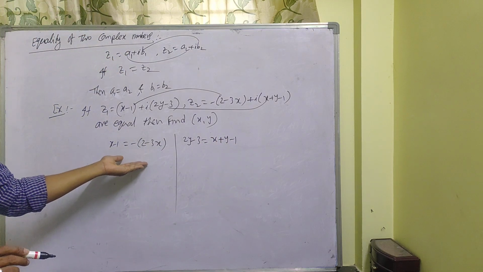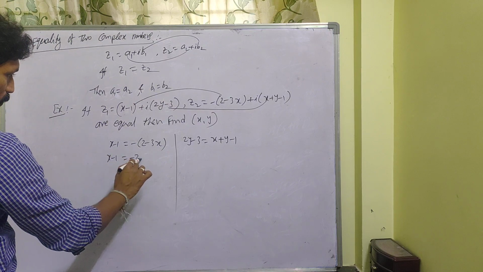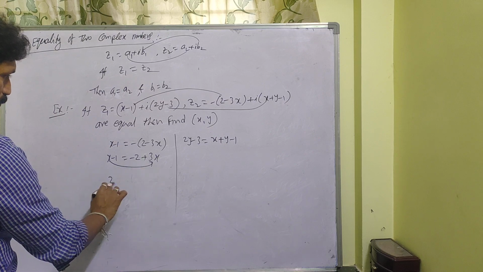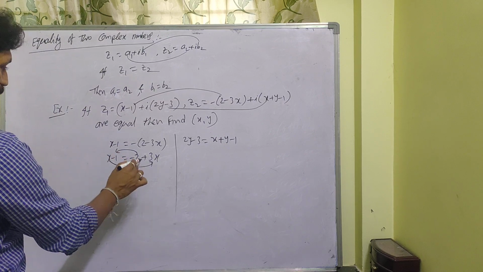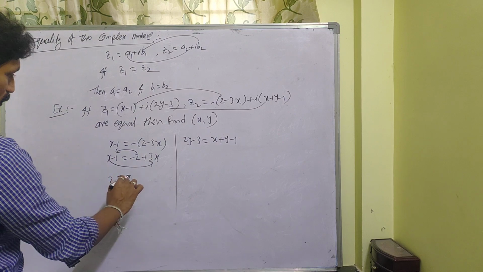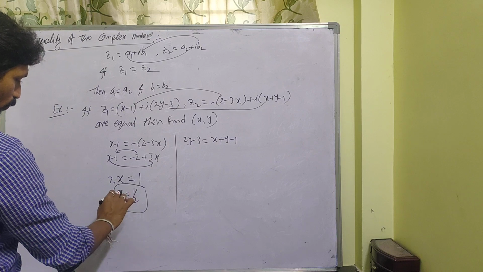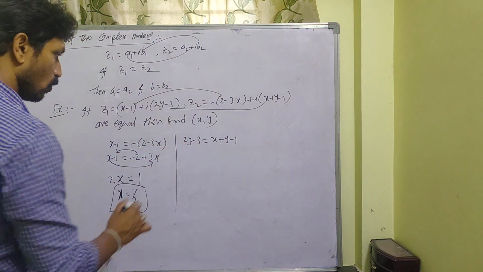So from here you get the x value directly. That is, x minus 1 is equal to minus 2 plus 3x. So x transposed to this side, 3x minus x, 2x, minus 2 transposed to this side, minus 1 plus 2, that is equal to 1. So x is equal to 1 by 2. Okay, next substitute here x is equal to 1 by 2.